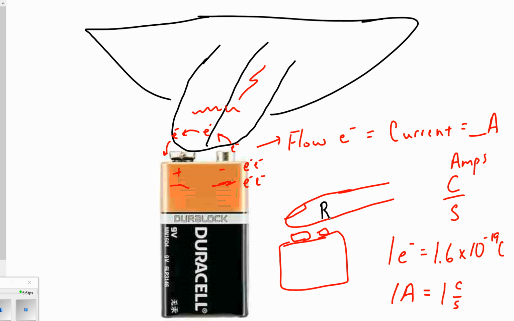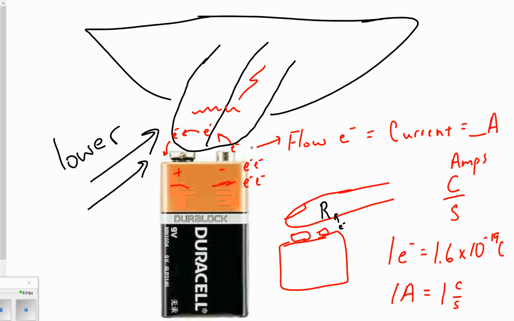The resistance of your hands, and resistance just means the ability to not let those electrons flow. And we could go into what makes a resistor and the conductor, but that's not where we're aiming at in this video. But your tongue has a much lower resistance, primarily because of the moisture involved in there.